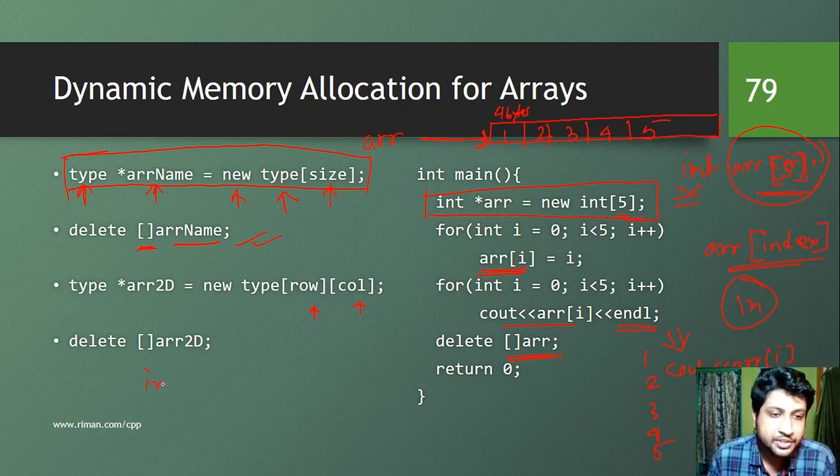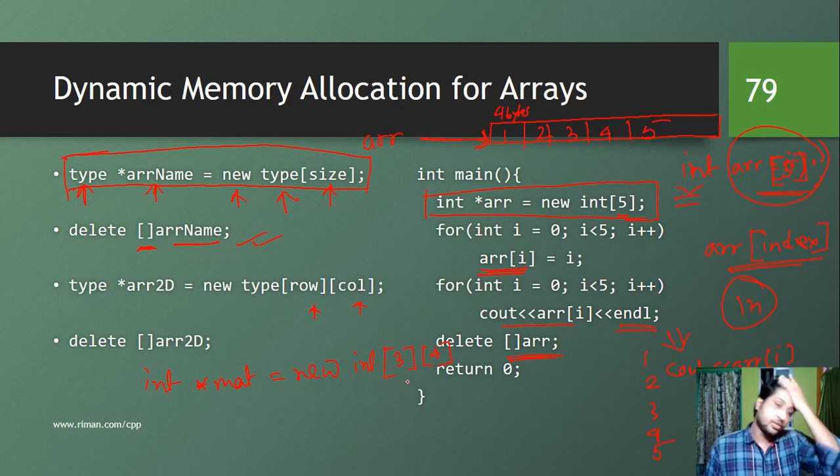If you write int mat = new int[3][4], it will create a 3 cross 4 matrix. To delete a 2D matrix, you just need to put a single square bracket, same as a normal array. This is how you can dynamically allocate memory for arrays as well.